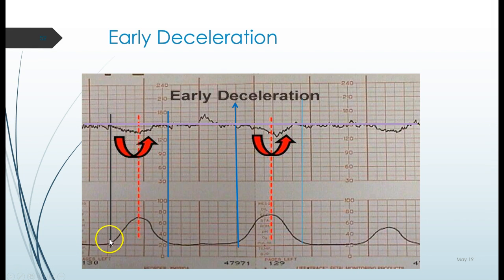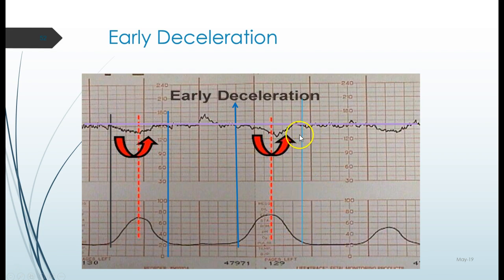So here's our picture. Here's the start of the contraction, the end of the contraction. Here's our decrease. It's back to baseline by the time the contraction's over. There's an acceleration, an increase in our fetal heart rate. Contraction, peak of the contraction, about when that heart rate drops.